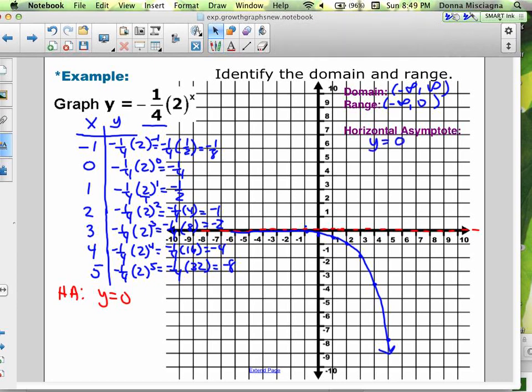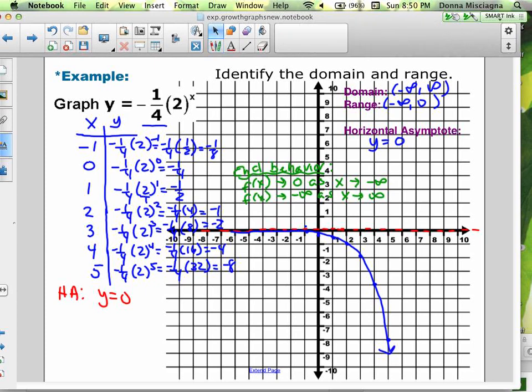All right, and let's talk about our end behavior. We'll write it up here because there's lots of room up here. End behavior. All right, so f of x approaching 0 as x approaches negative infinity. Right, we're getting closer and closer to y equals 0. And as x gets larger and larger, we're going to approach negative infinity as x approaches infinity.